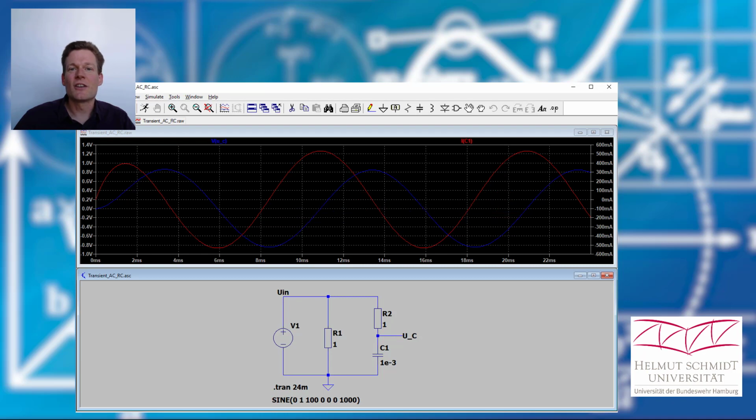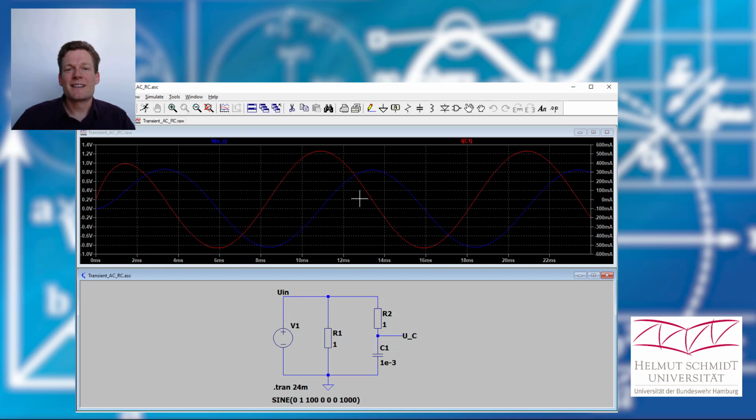And you see the current is leading. That means if we have this point here, here is the point where the current is 0 and it rises again, and then it takes the time for 90 degrees until the voltage starts. This is what we call the current is leading.